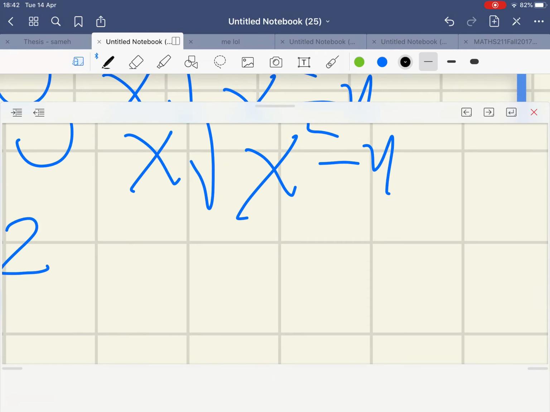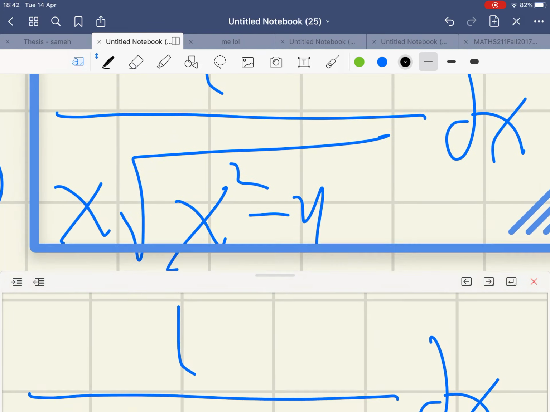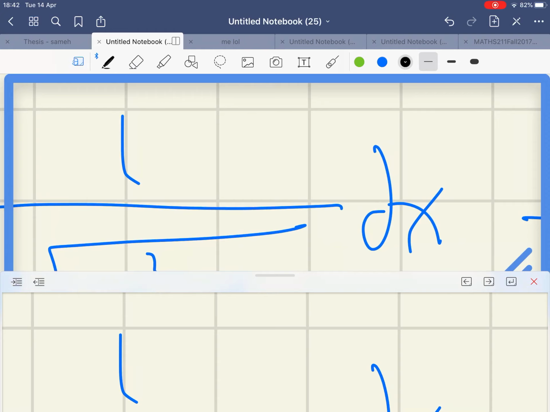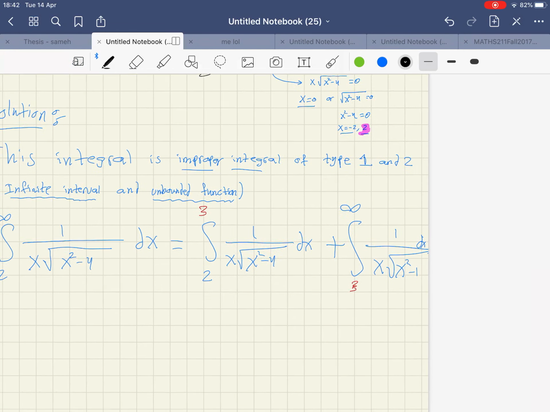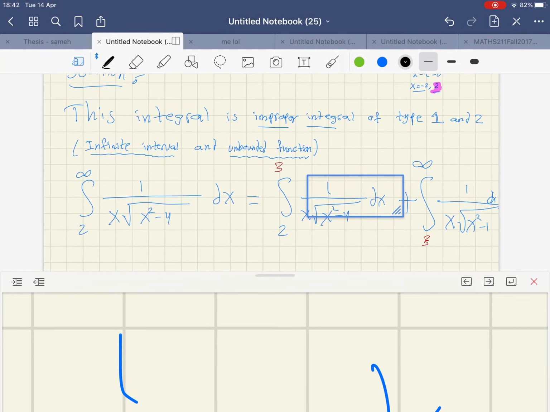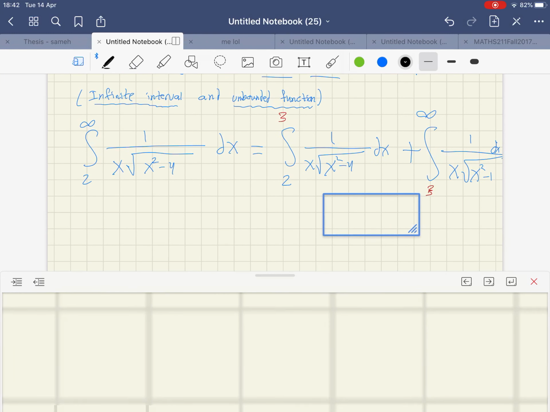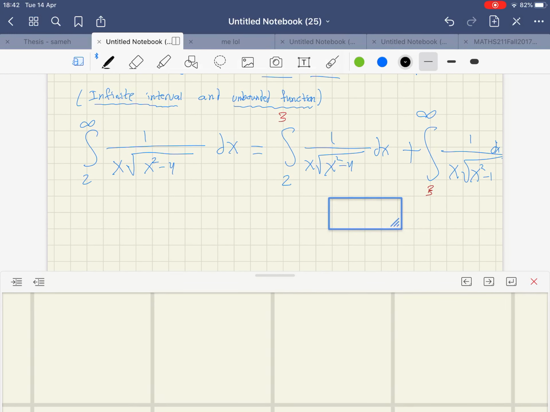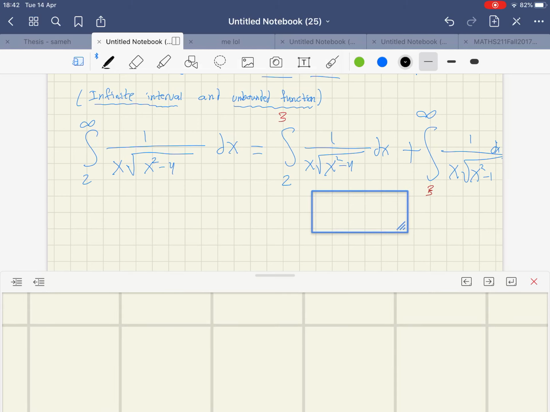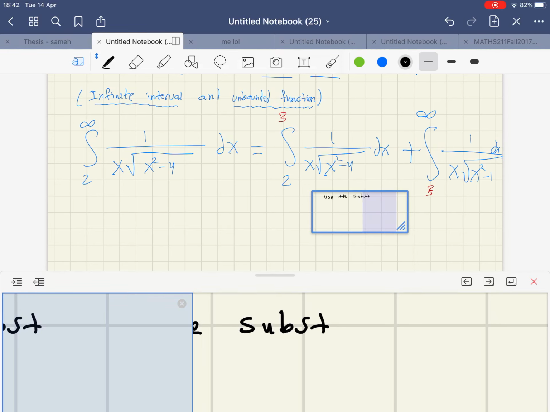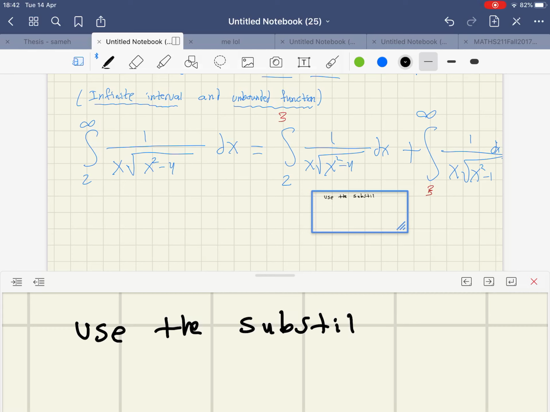Here is the hint. I guess I'll just write it down here. Use the substitution x equals secant theta.